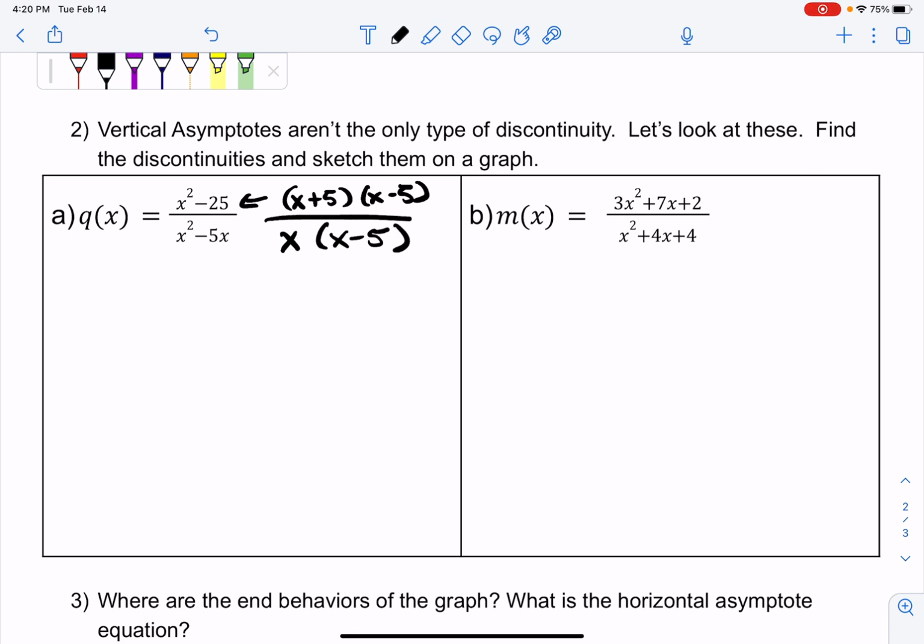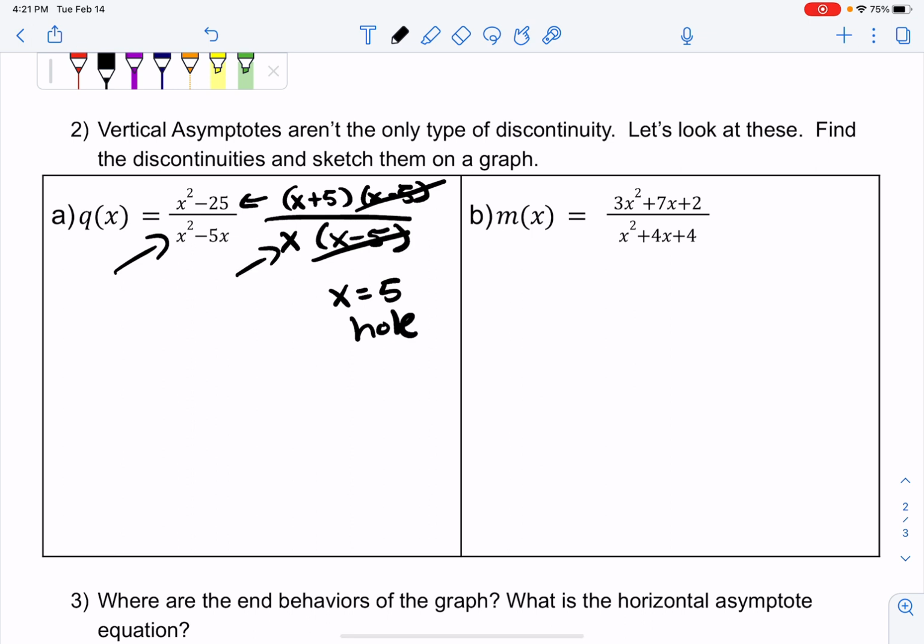Now, because we have an x minus 5 in the numerator and an x minus 5 in the denominator, we can cancel those out. That means that at x equals 5, we have a hole, a value that would make the original function undefined if we plug in 5. However, because it cancels out, it's a hole and not an asymptote.